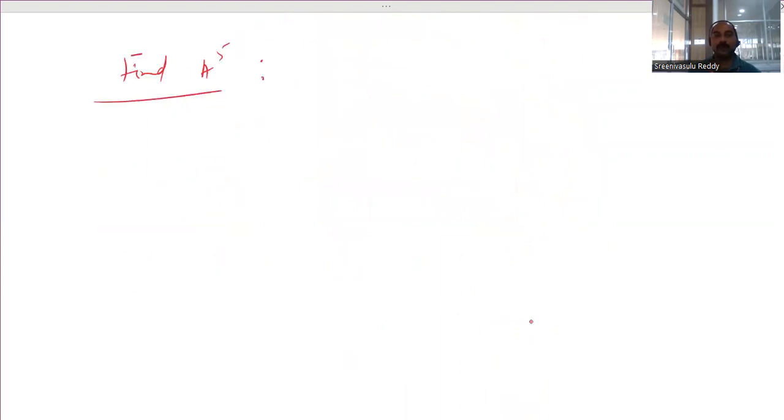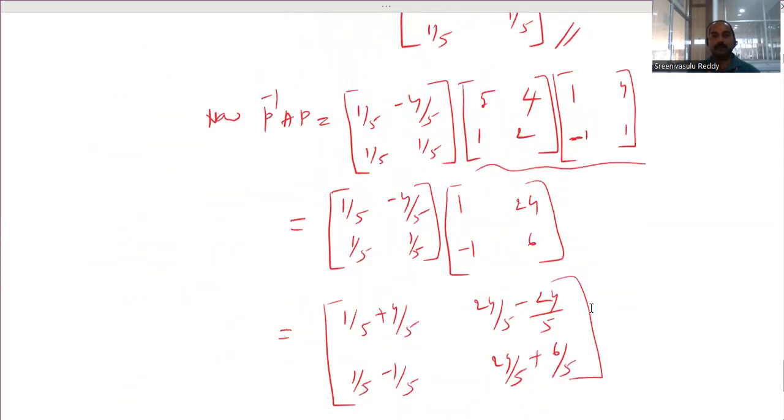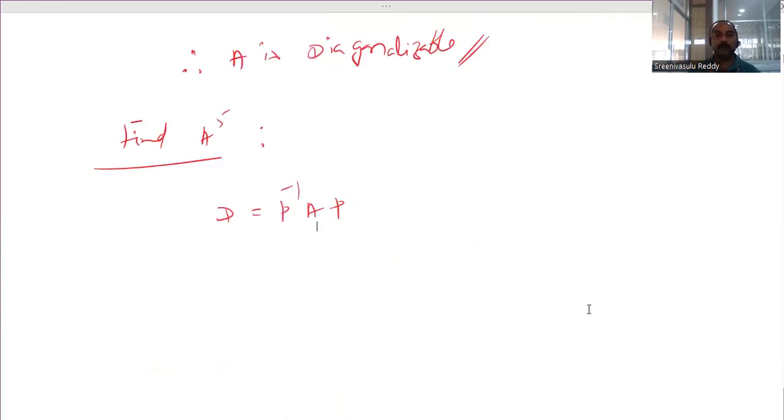So, already we know diagonalization D equals P inverse AP, and previously we took P inverse AP and got D. Now we want A power 5. So take D power 5, or first D square. First you observe that it is better. D square, what happened?